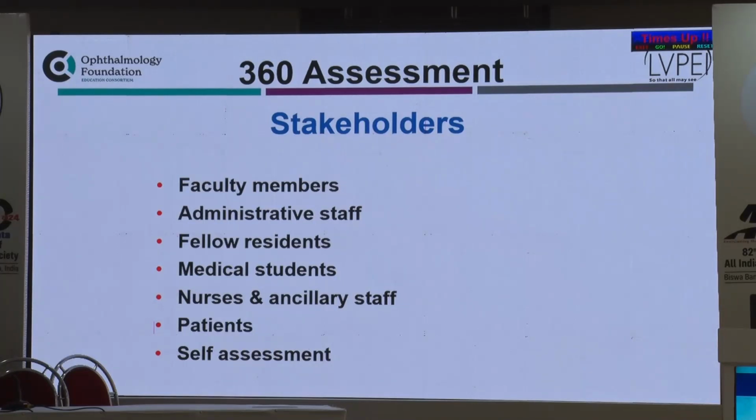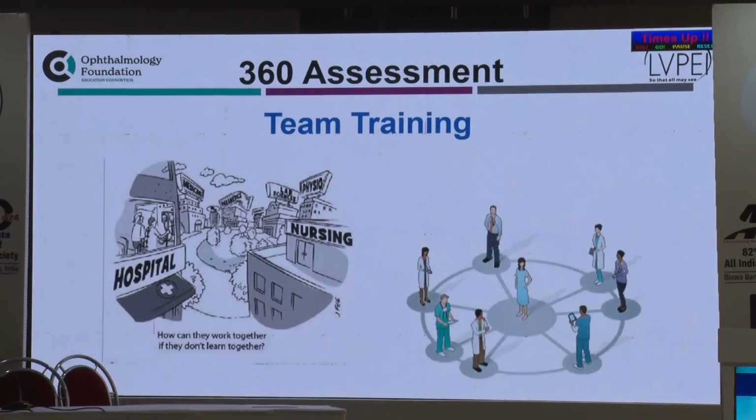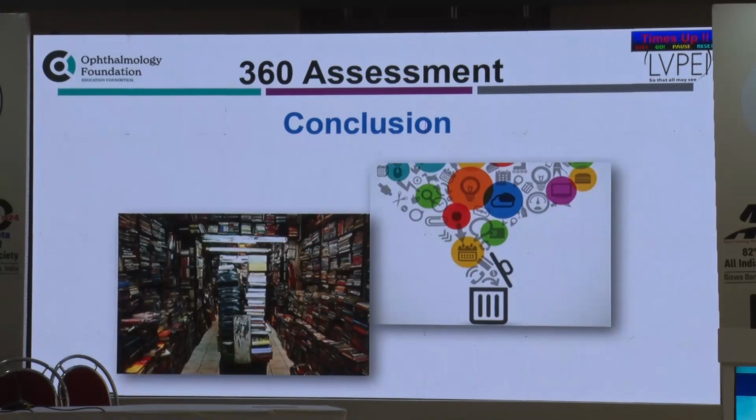So all the people who are going to be in the sphere of the concerned person have to be made part of the stakeholders. You should also inculcate team training, and make the residents and fellows or the program such that there is a sense that healthcare is a team effort, not an individual effort, and you should have some courses where other members of the team are also part of it.